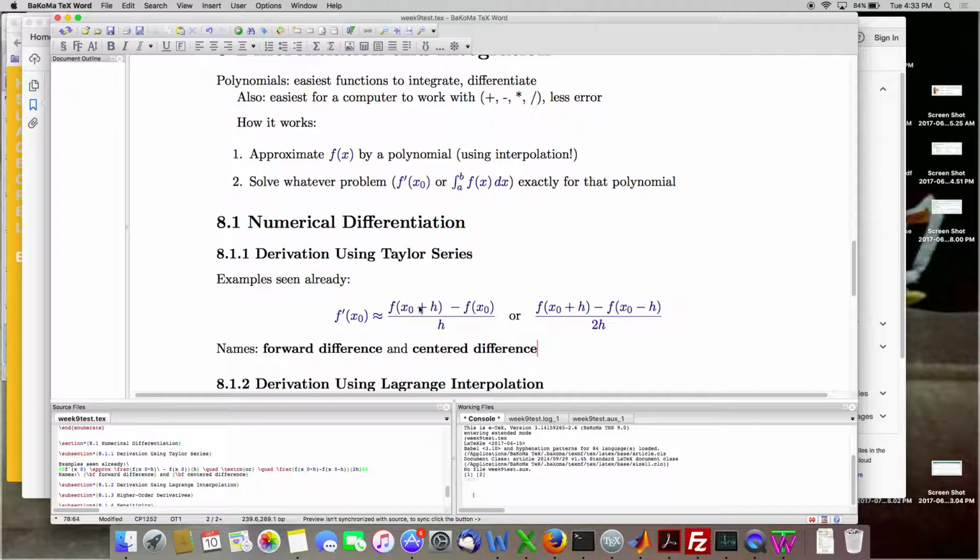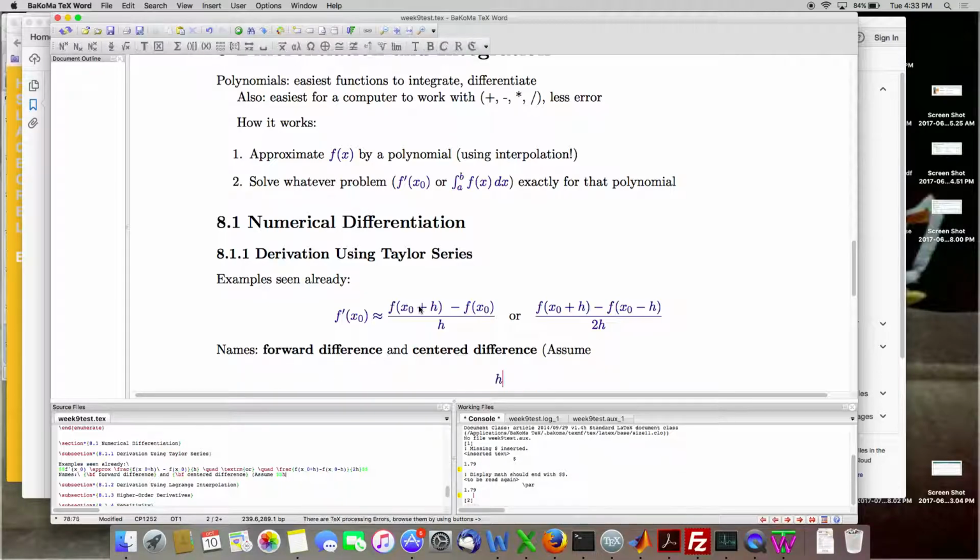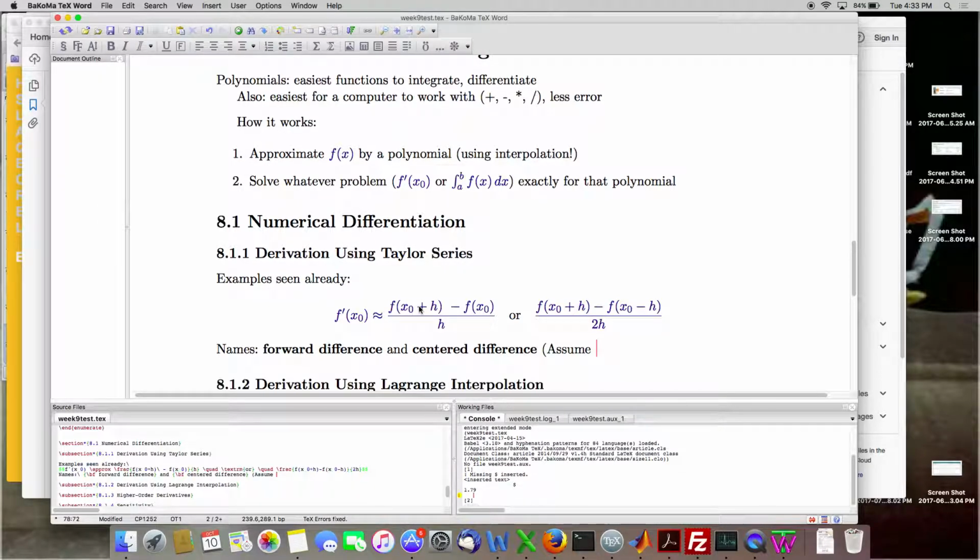We're assuming that h is positive. Whereas this one, we want the derivative at x naught, but we use a point to the right of x naught and another point to the left of x naught. And x naught is exactly in the middle. And that's why it's called the center difference.